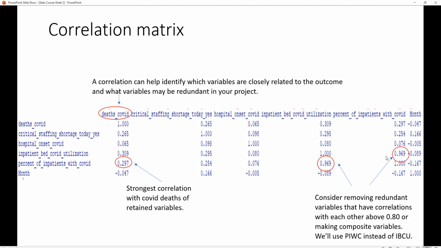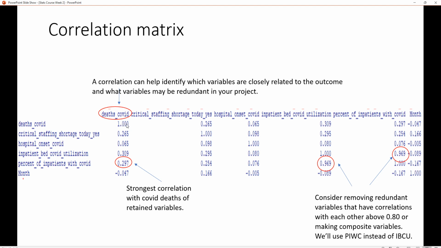Both of these values circled in red represent the relationship between inpatient bed COVID utilization and percent of inpatients with COVID. It's just part of a correlation matrix that each of these relationships gets represented twice. Everything above that value of 1 we can ignore.